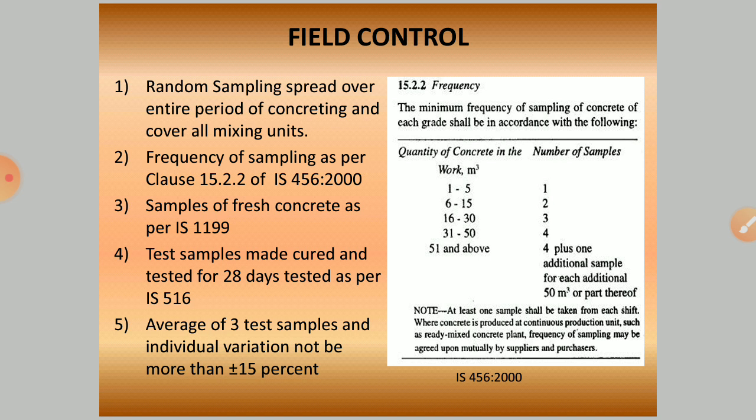So you may also check for field control whether the workability is sufficient or not for a particular construction. Suppose we have considered a 1000 square foot slab. You have to check what workability is given in the IS code, and check whether it is satisfied or not. That is from this lecture.